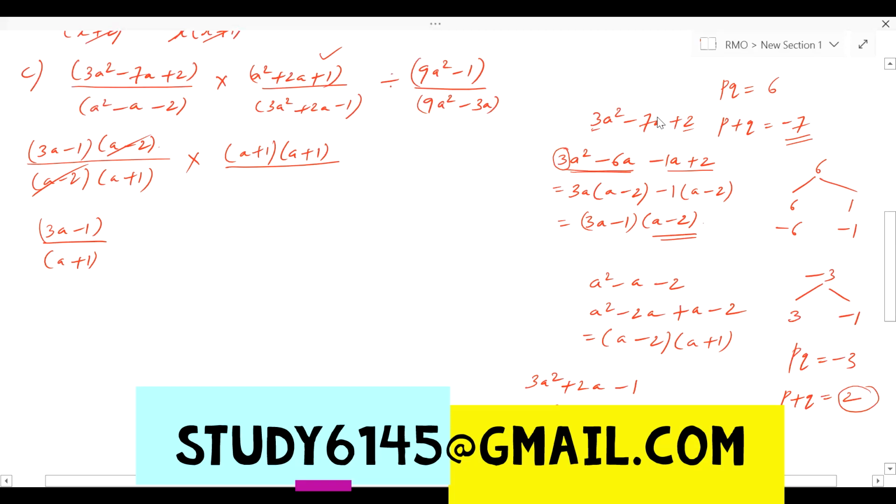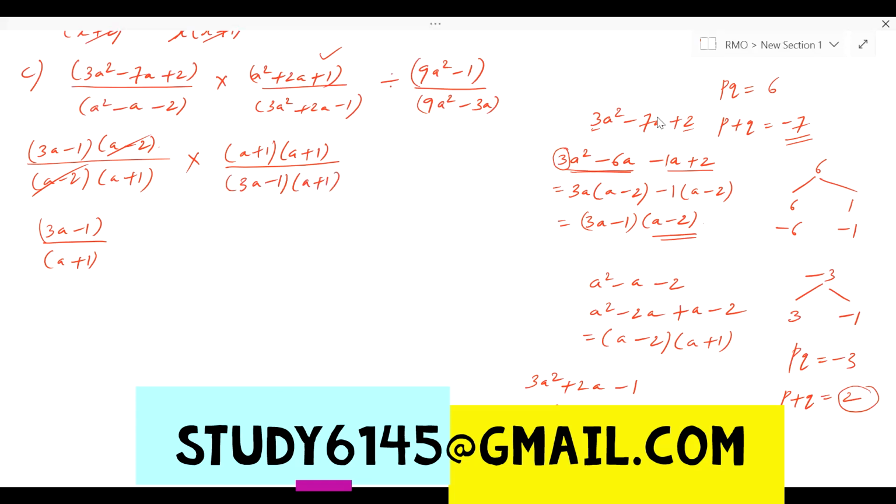Good. Correct. Next. And then for the next one, it will be minus 1 and a plus 1. Perfect. So our two factors will be 3a minus 1 and a plus 1.